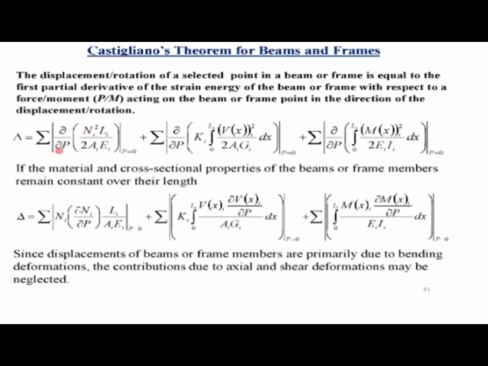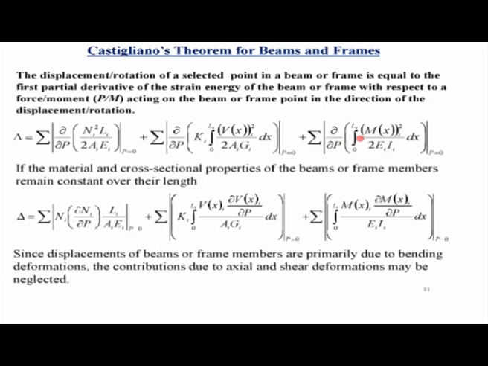This Ni will be a function of P, because it is the axial force due to applied external loads as well as the load P applied together. Again, Vx would also be a function of P, because it is the shear force at any section due to applied load as well as the load P. Same thing with M. M would be a function of P. None of these other terms would be a function of P.